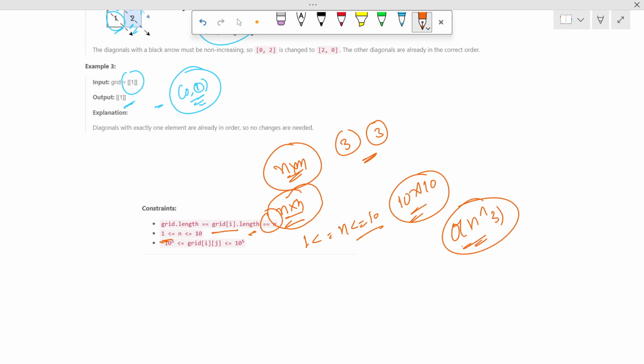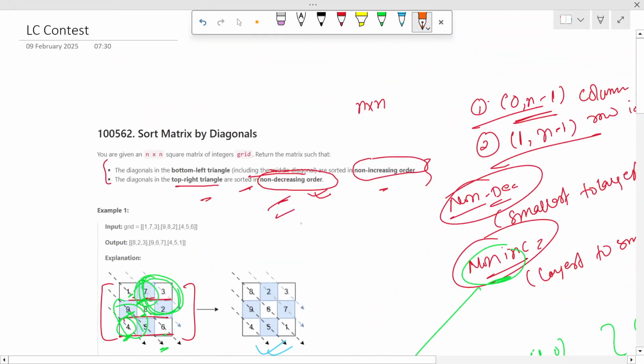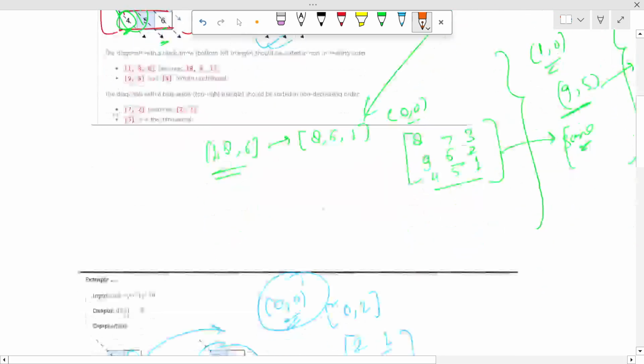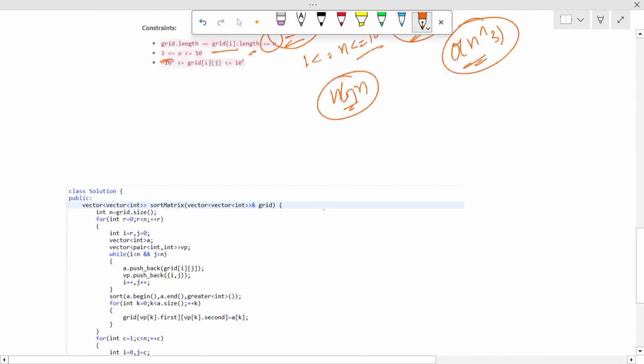But each diagonal we have to iterate separately, with an n log n solution to sort them. When we reach a diagonal, we have to sort it in the order given, like increasing, decreasing, and so on. So these are our cases.